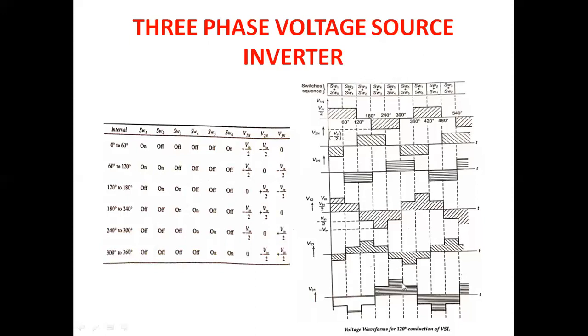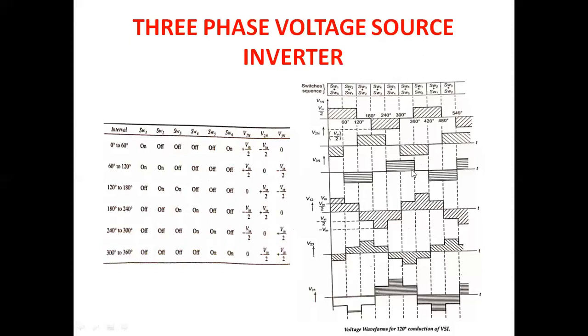So again for 300 to 360 degree, that is the sixth interval, switch 5 and 6 is on. The output voltage V1n is 0, is clear. V2n value is minus Vin by 2, that is clear. V3n value is plus Vin by 2, that one.